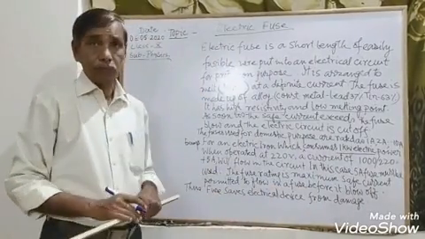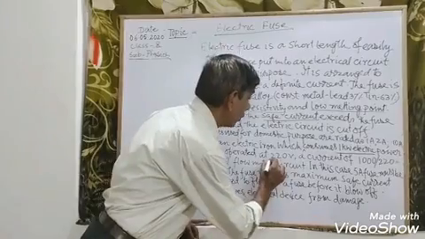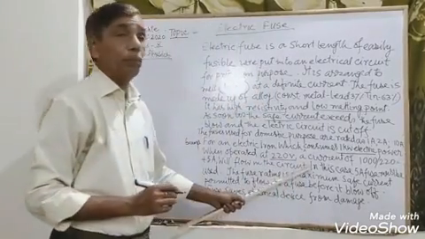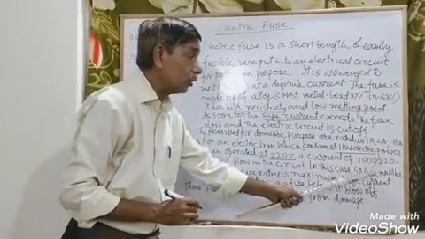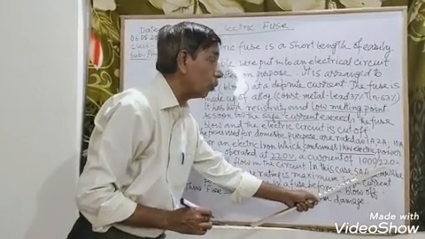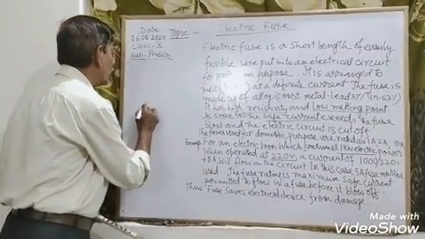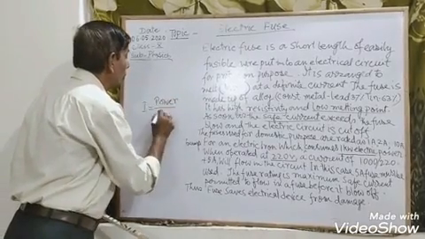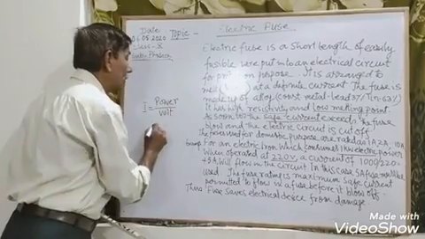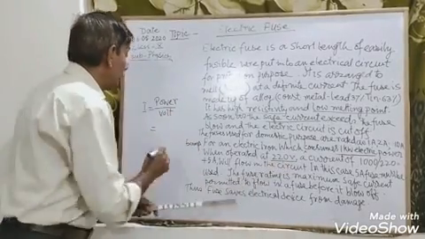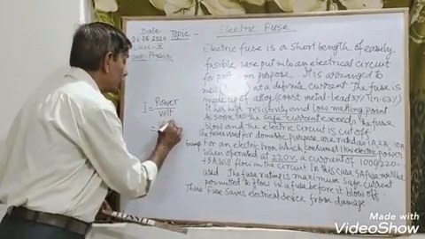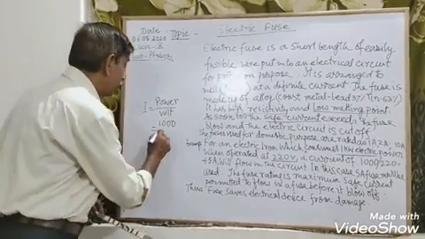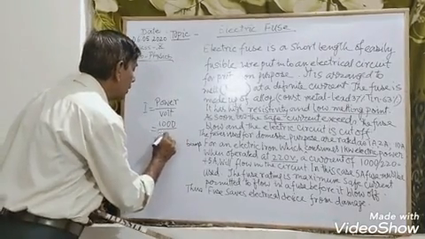When operated at 220 volt, the current flow I is equal to power by volt, that is 1000 by 220. What is the power of the electric iron? It is 1000. And the volt is 220.